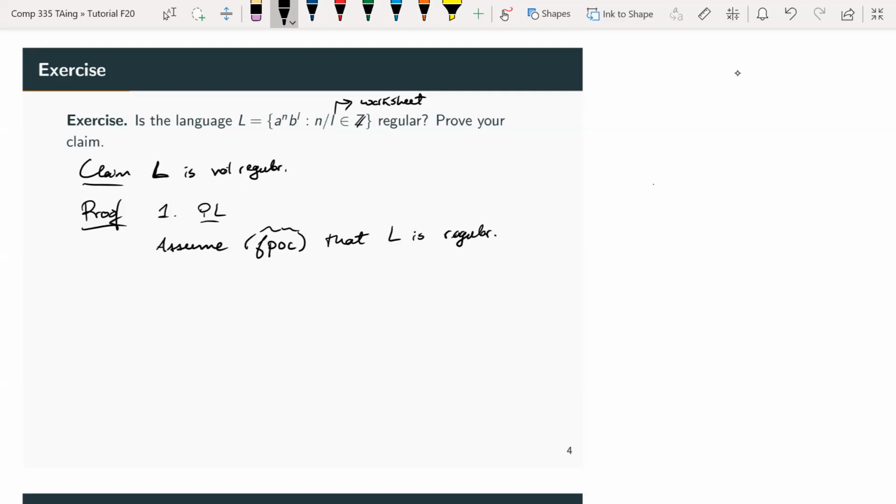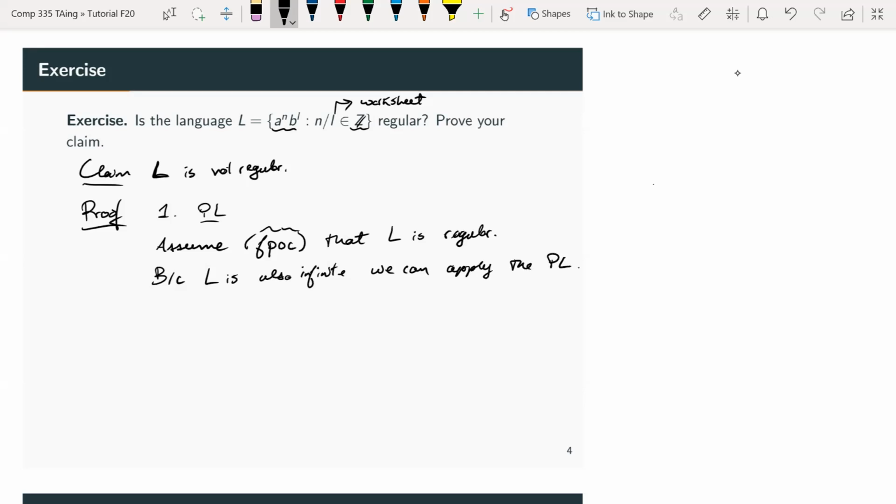Because L is also infinite, I mean, the number of strings in here never ends, you can keep creating strings because the set of integers is also infinite, so because L is infinite, we can apply the pumping lemma.